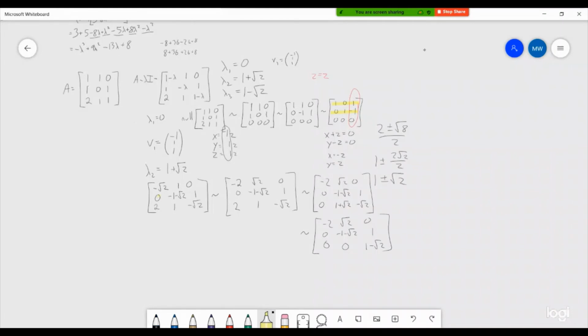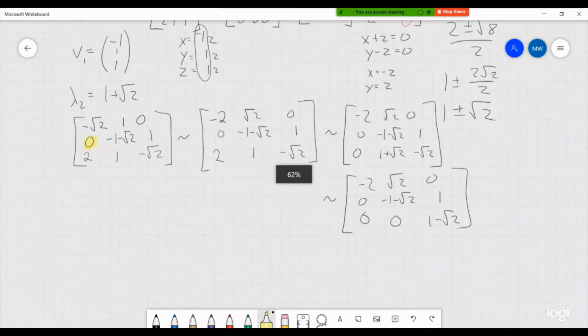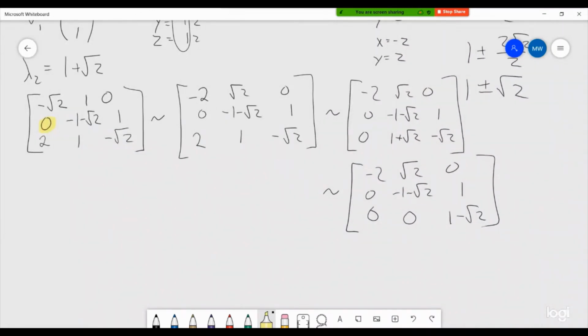Right here, that 0 needed to be a 1. So that was where I made the mistake, and we're going to have to fix that. That's a nice trick: if it was an eigenvalue, we should have gotten a row of zeros. Because we didn't, I immediately knew that we messed up somewhere. That's something useful to remember as well.